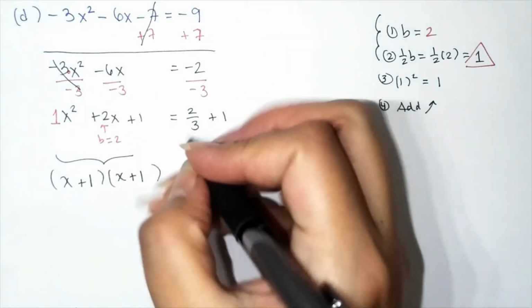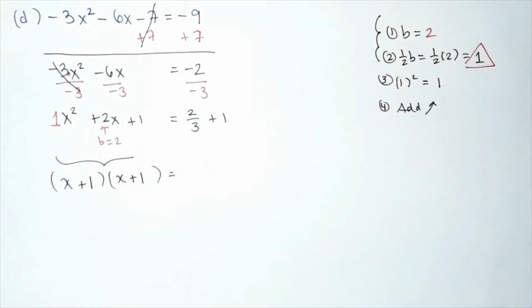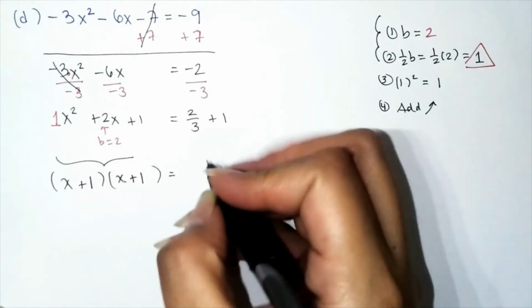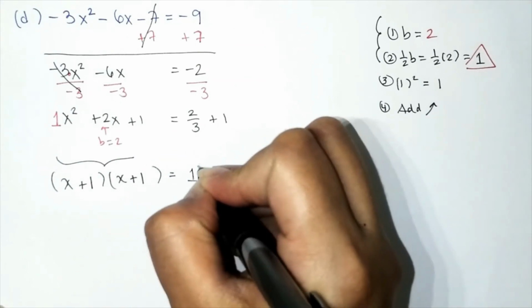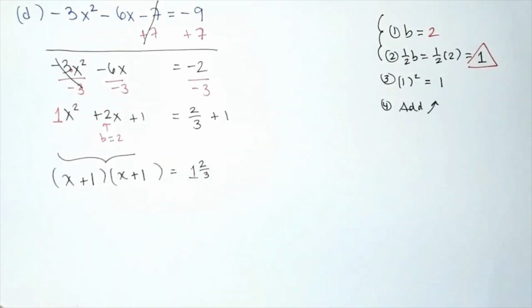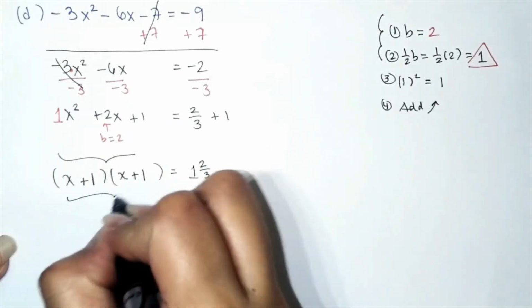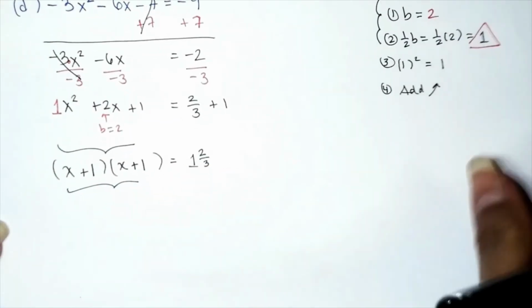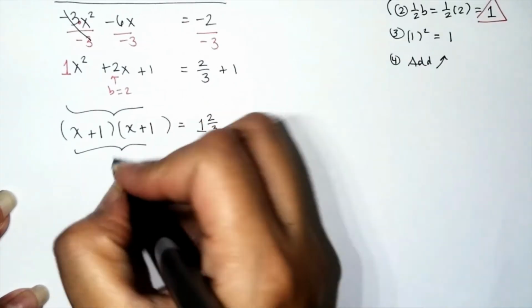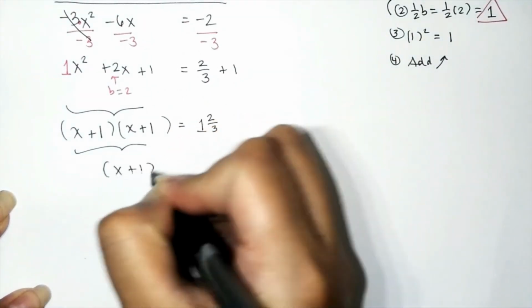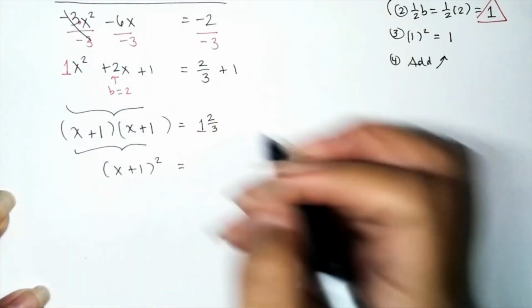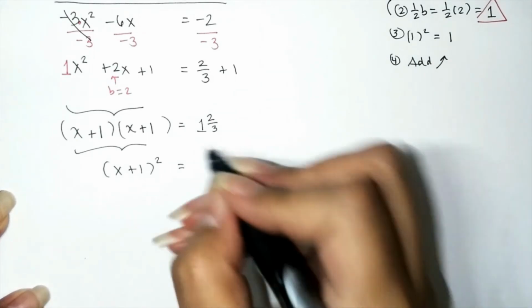On the right side, 2/3 plus 1. Under normal circumstances, I would be like, I gotta bust out the LCD. But the sum of 1 and 2/3 is just 1 and 2/3. Okay, but if you want to do LCD, go for it. On the left side, let's go ahead, use exponents for repeated factors. So that will give us the square of x plus 1 is equal to 1 and 2/3. Yeah, I'll leave it like that.